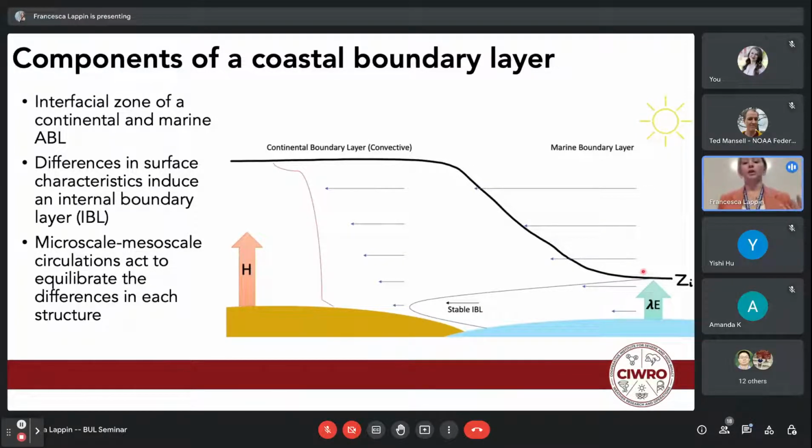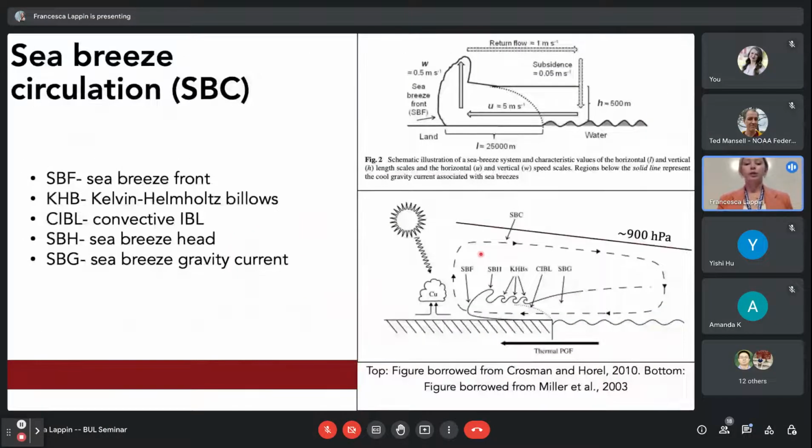So we have all of these variations in your coastal boundary layers over the land and over the water. So there are circulations which act to kind of equilibrate those differences. And kind of the most popular circulation that we all know and some of us love is the sea breeze circulation, which happens because, as I'm sure many of you remember from one of your first intro to meteorology classes, the land heats up faster than the water.